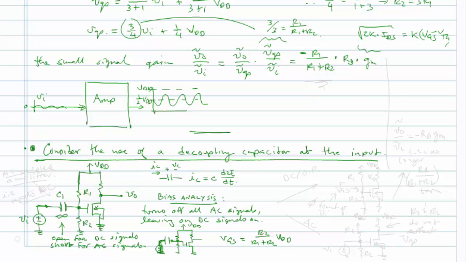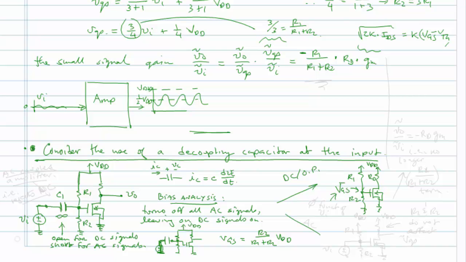And so the nice thing is, for the DC operating point, we end up having a circuit that is just the two resistors and RD. And from here we have V capital GS.